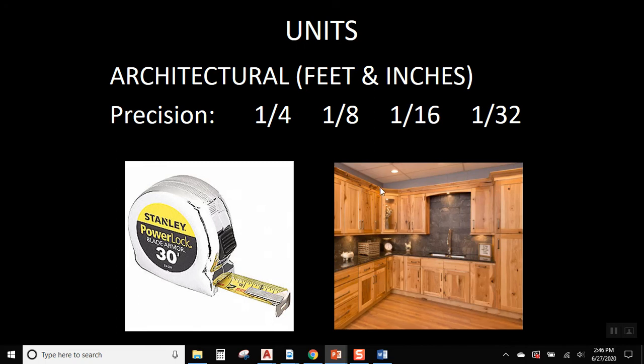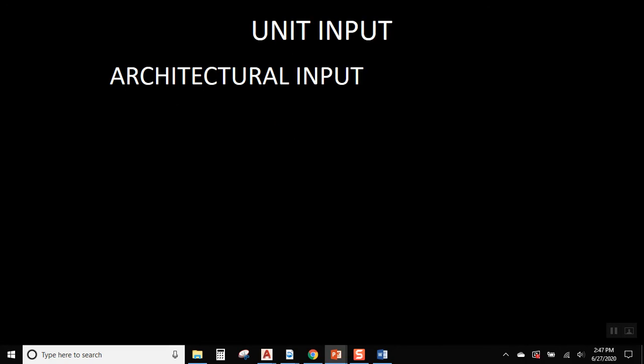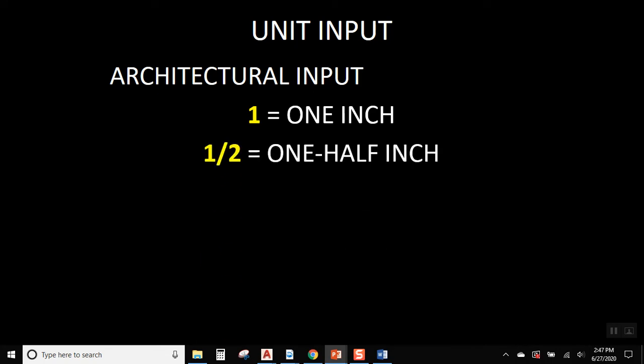If we're building the room, maybe we're working to the nearest 1/8 of an inch. You know, framing walls. If we are laying out the corners of the building, maybe we're working to the nearest 1/4 of an inch. So precision level is going to depend on what you're making, basically. In architectural input, 1 equals 1 inch, just like it has all the way through. 1/2, 1/2 inch.